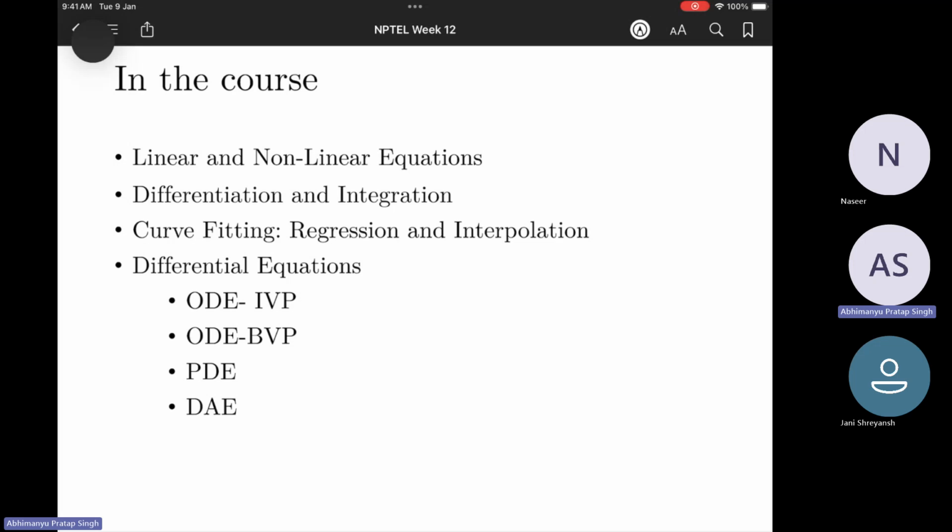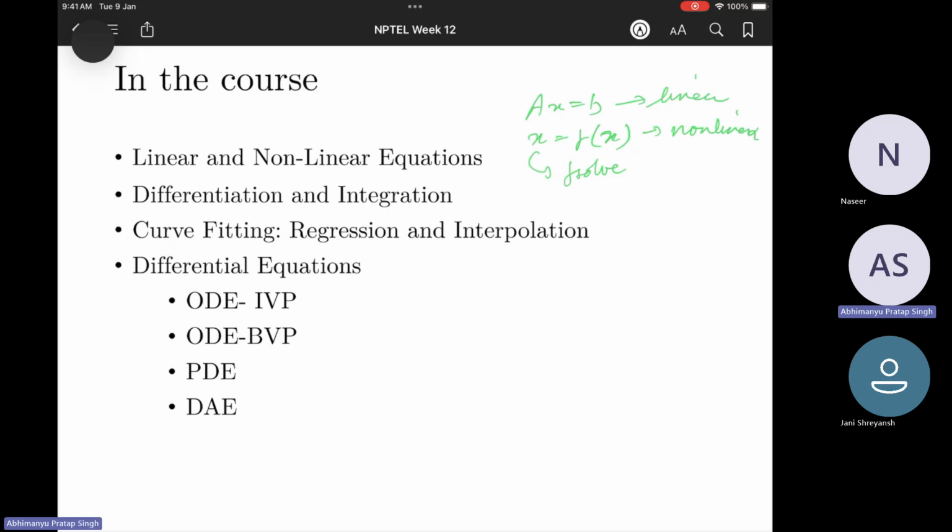We looked at the backslash operator, equations of the type Ax = b, which are linear equations. Then we looked at equations of the type f(x) = 0, some function of x, which are nonlinear equations. So we saw how to solve this using fsolve.